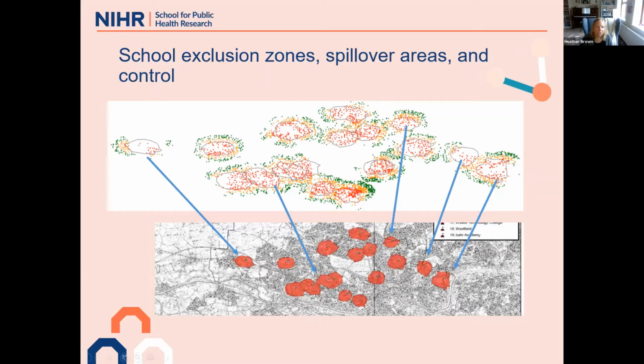The orange dots are those which are just outside, within 250 meters, and the greens are the ones that are further away. And you can see these two blobs, I hope you can see my arrows, here is the Newcastle city centre area around the university. So there's a high concentration of outlets here.